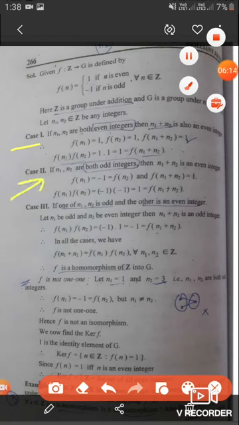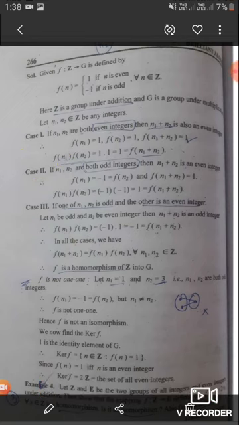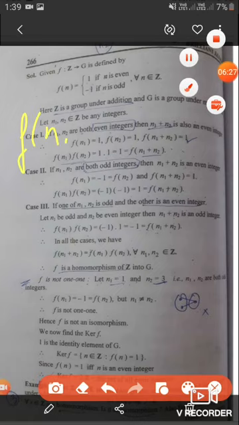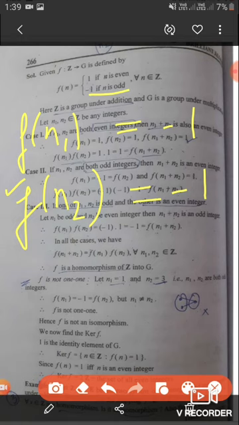Now what will happen if these two elements are both odd integers? Let us find out. If n1 is an odd integer, then its image will be equal to -1. Also, if n2 is an odd integer, then the image of this element under the function f will also be -1.